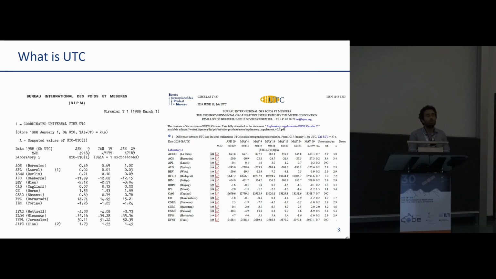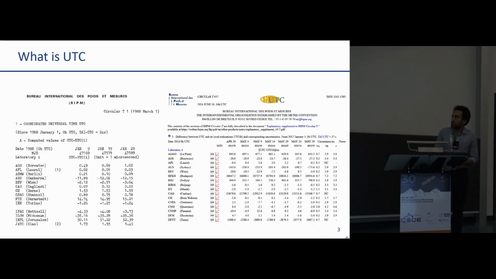Maybe not everyone knows what UTC is. UTC is a post-processed time scale computed at the BIPM, the French acronym of the International Bureau of Weights and Measures, the international organization that oversees many fields of world metrology.